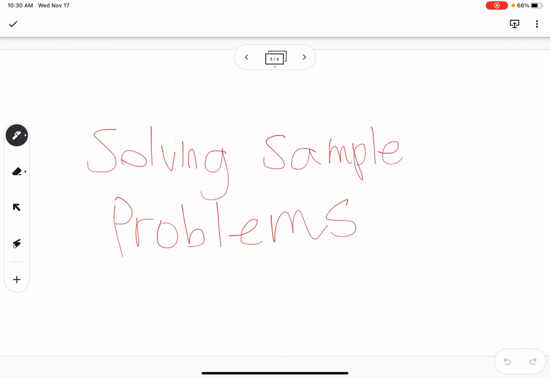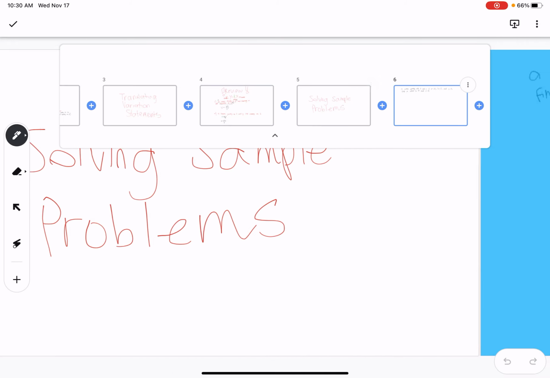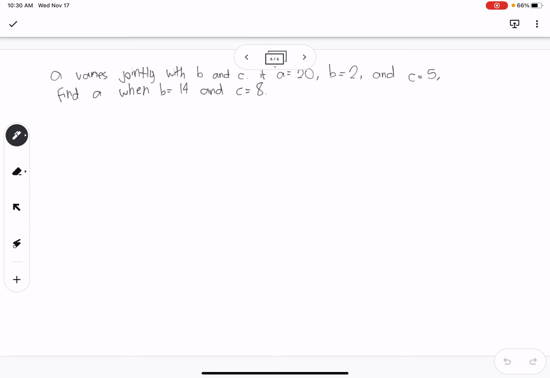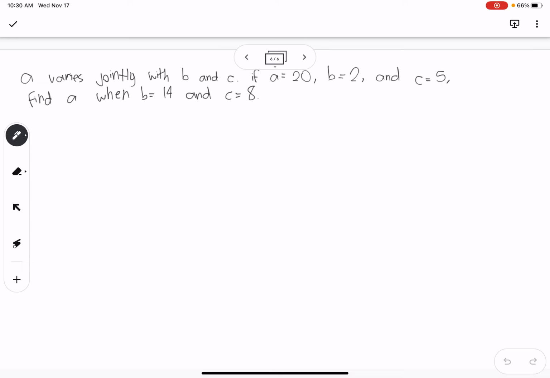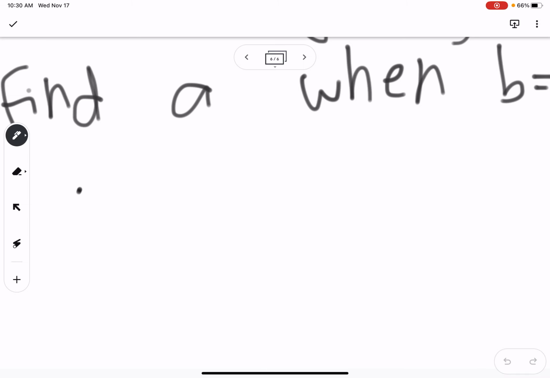Let's try solving a sample problem. A varies jointly with B and C. If A is equal to 20, B is equal to 2, and C is equal to 5, find A when B is equal to 14 and C is equal to 8. So let's find the equation.